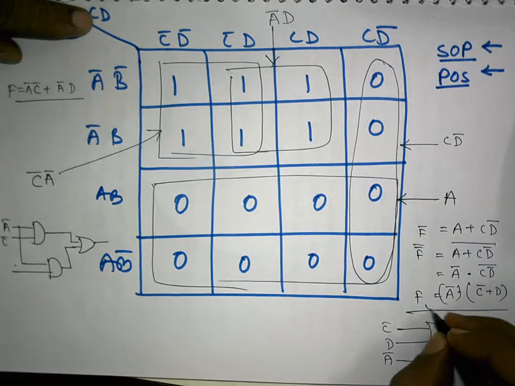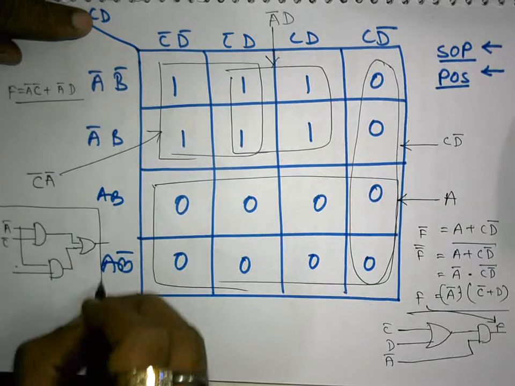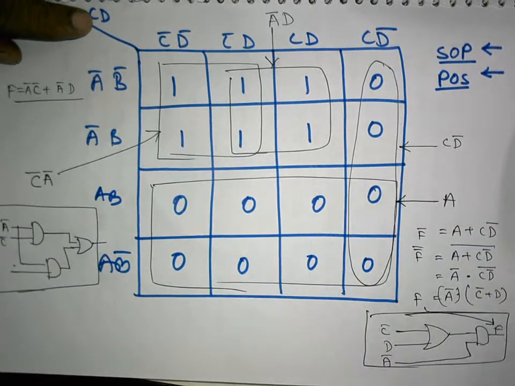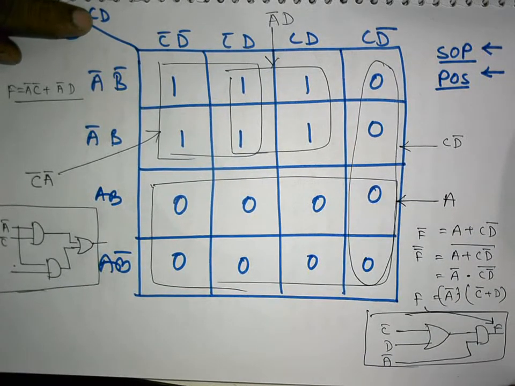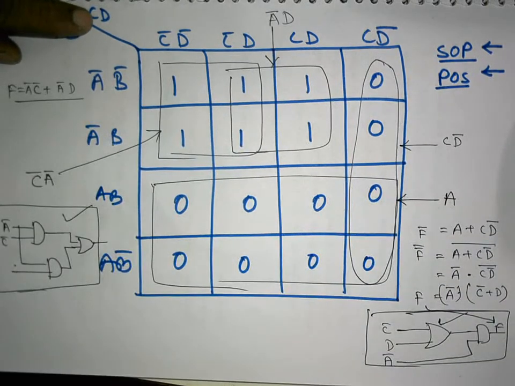This way you are realizing the same function. This circuit will show the same input output behavior as this circuit is showing. Same input output behavior. It will satisfy the same truth table as this circuit will satisfy. Both the circuits will satisfy the same truth table.